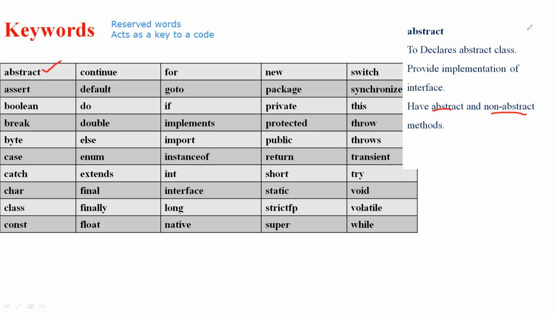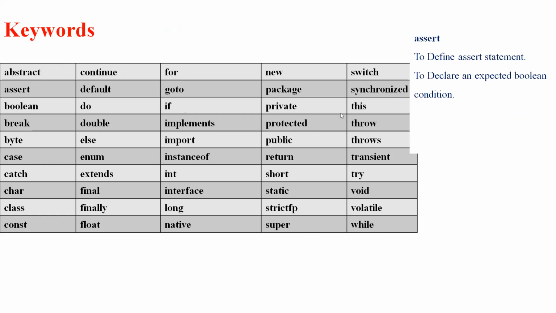Let's see the next keyword, which is assert. By using assert, we can easily define an assert statement, and we can also declare an unexpected Boolean condition.